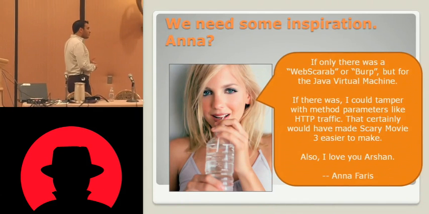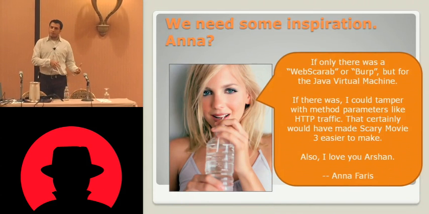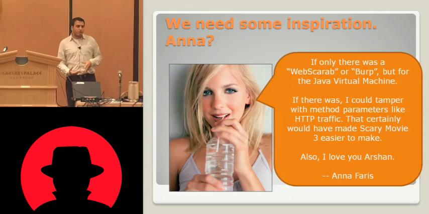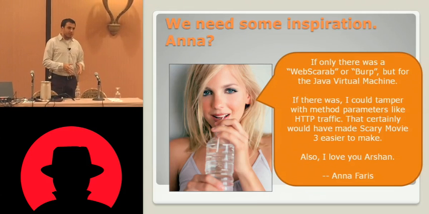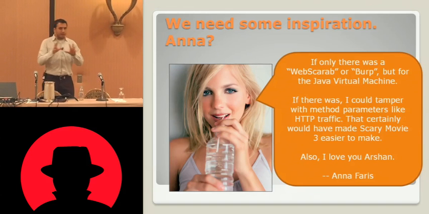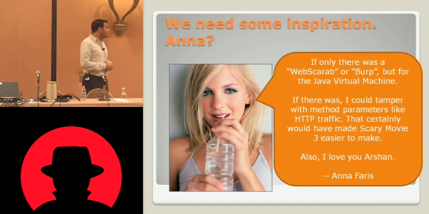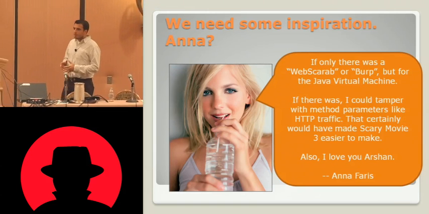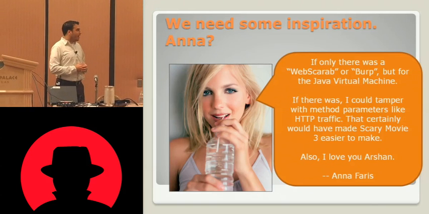And she said, well, what if you had Burp or WebScarab, but used it to intercept method calls within the JVM? What if you could set up a breakpoint in the Java process, and not like low-level debugger interception, but something all of us can understand. So when that method gets hit, you could alter the parameters, or maybe alter the return value on the way out.